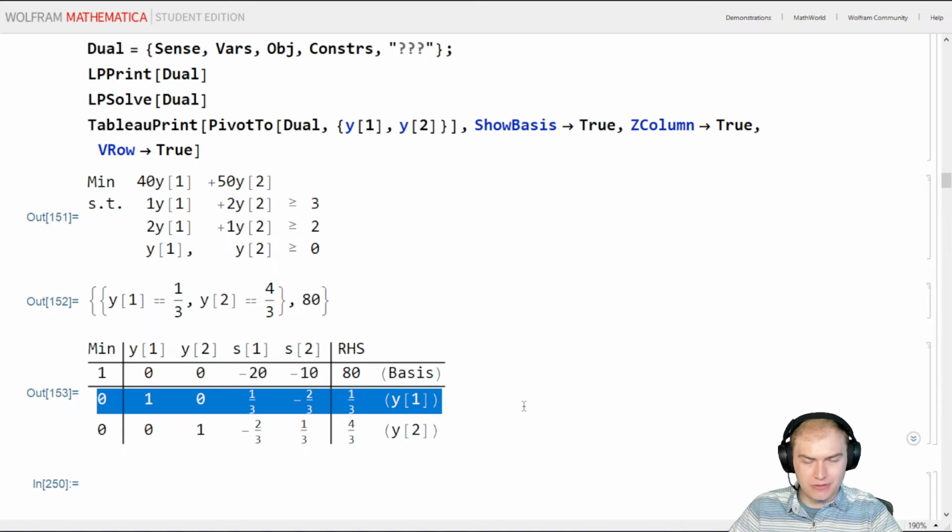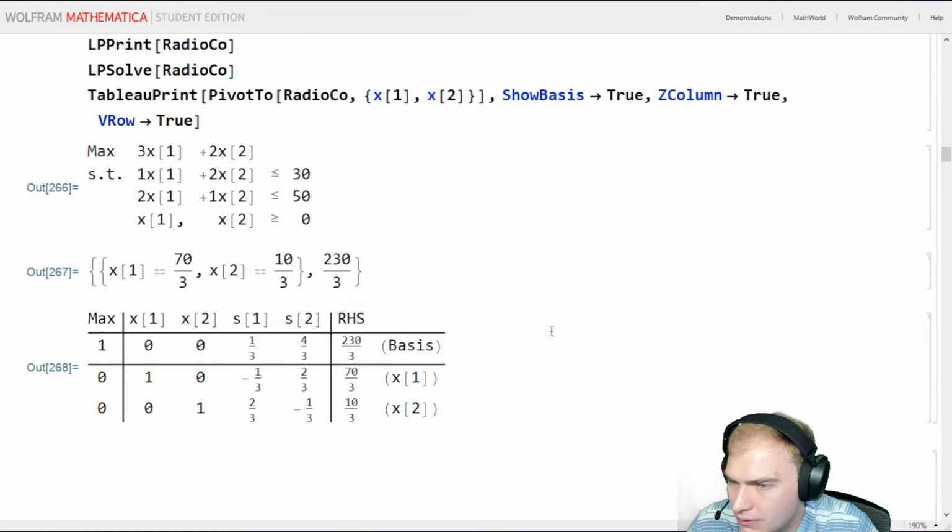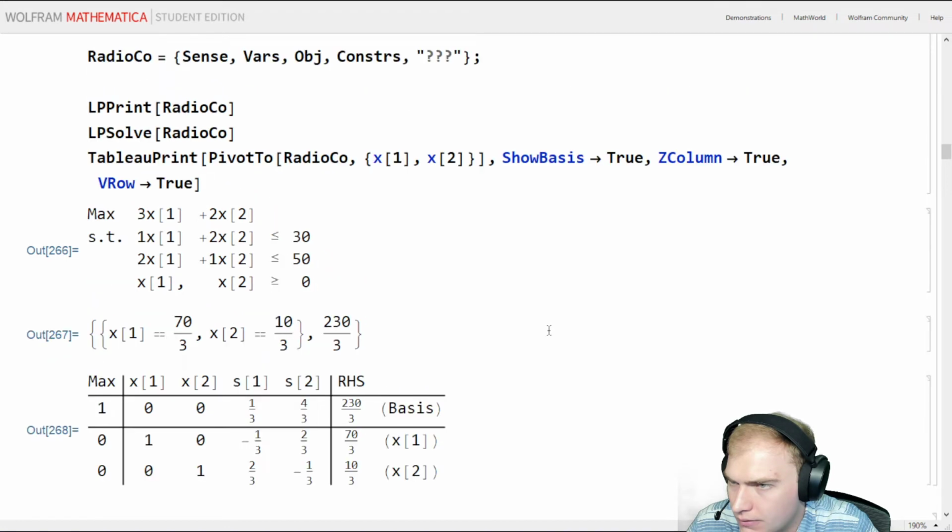Constraint 1 corresponds to the first objective. No, hold on. I'm all sorts of confused. Huh.